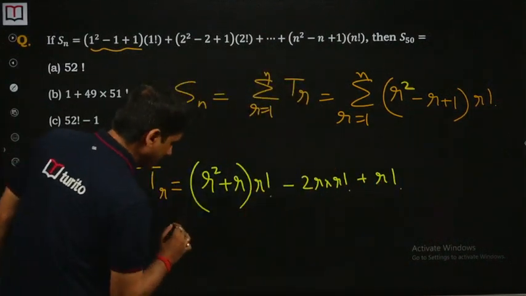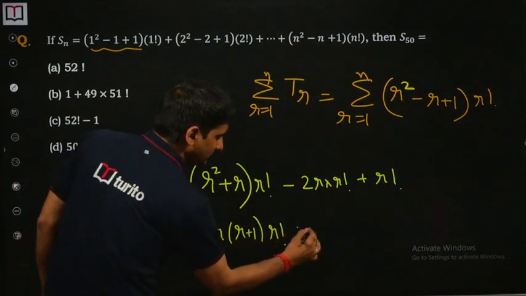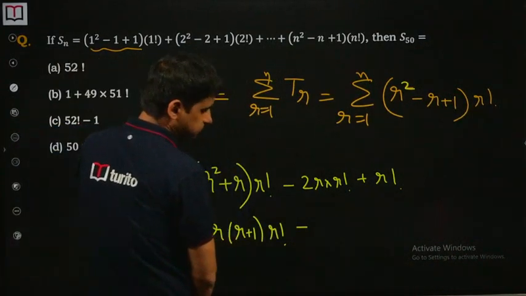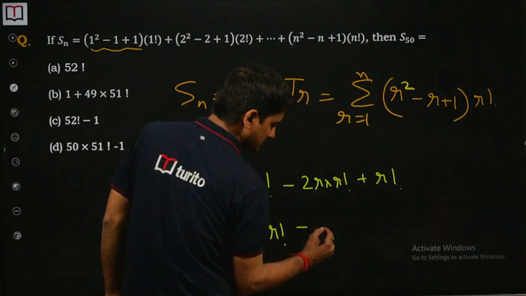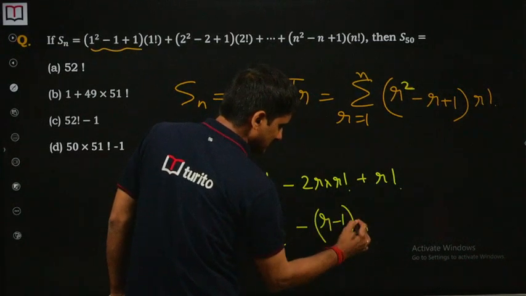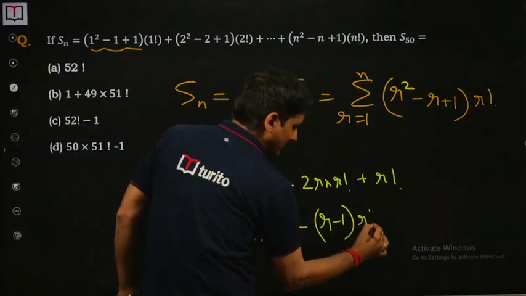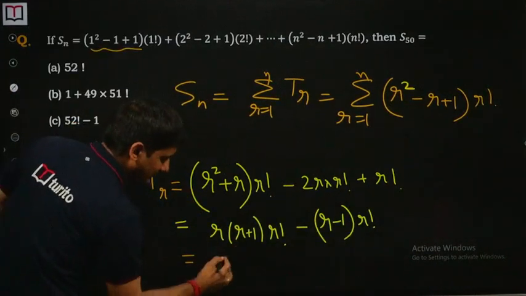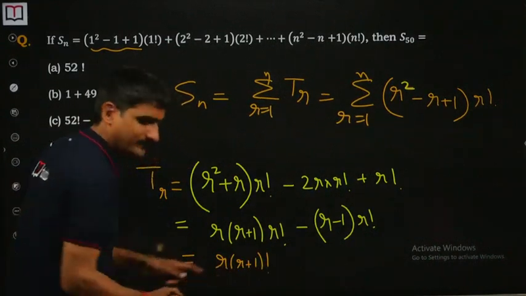So I wrote it as r into r plus 1 into r factorial minus, then what I did was r minus 1 into r factorial. The point was, when you do it, you get it as r into r plus 1 factorial.